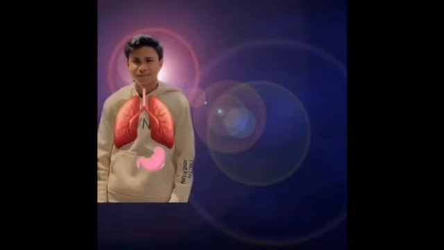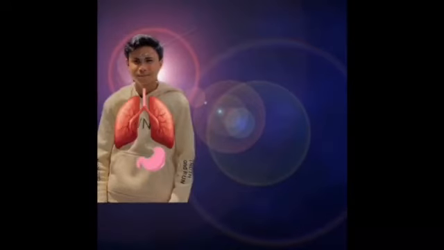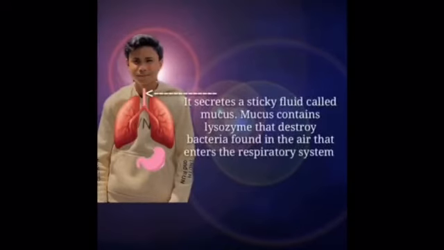So this is our first line of defense. First of all, we have lysozyme, which is found in the secretion of tears, nasal mucus and saliva. It's an antimicrobial protein that can dissolve and destroy some types of bacteria. Then we have mucus that contains lysozyme that destroys bacteria found in the air that enters the respiratory system.